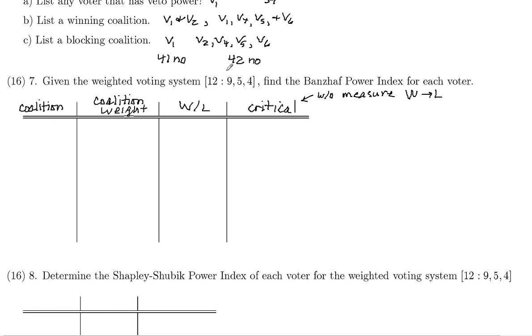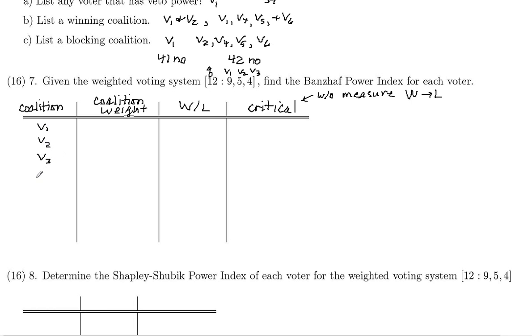So we've got 3 voters. So voter 1, voter 2, and voter 3. And then our quota is 12. And so we could have 1-person coalitions, so V1 or V2 or V3.